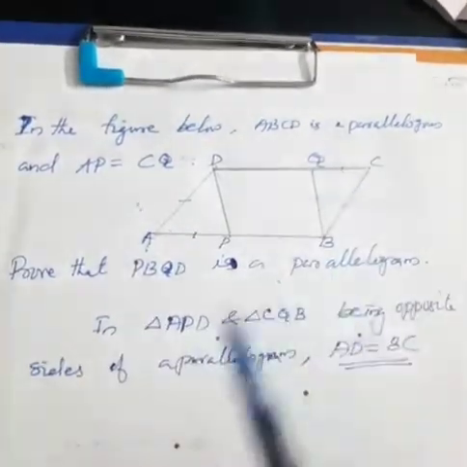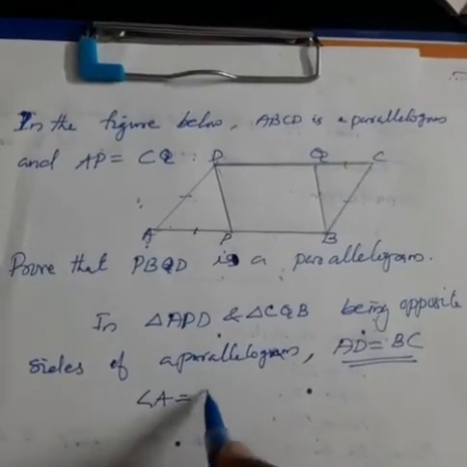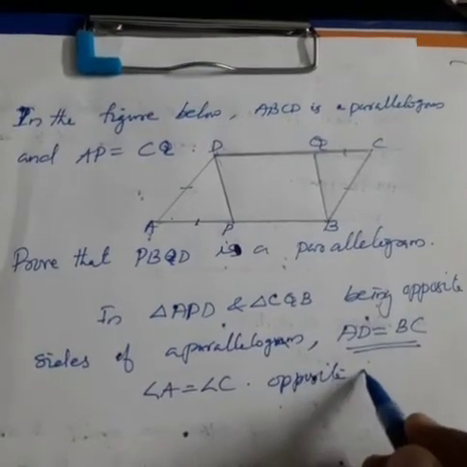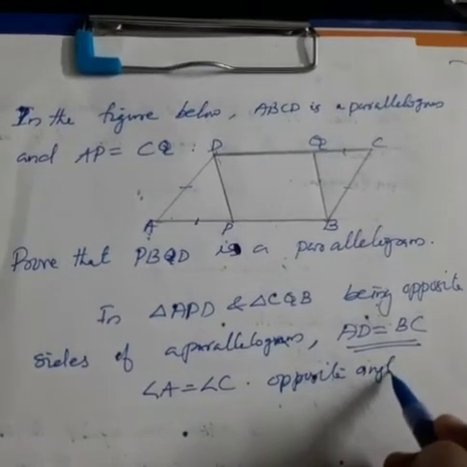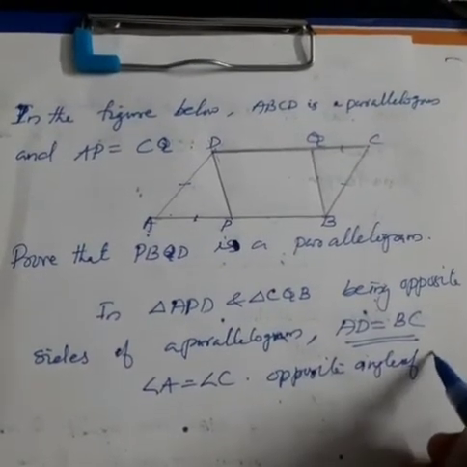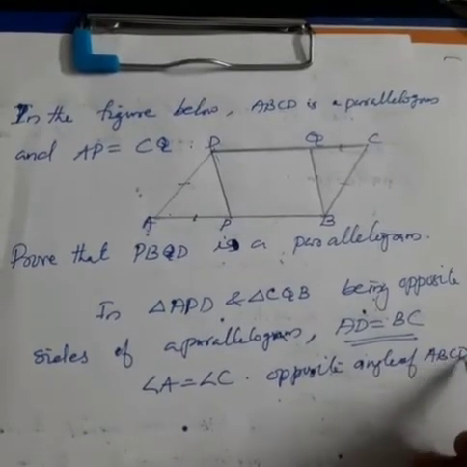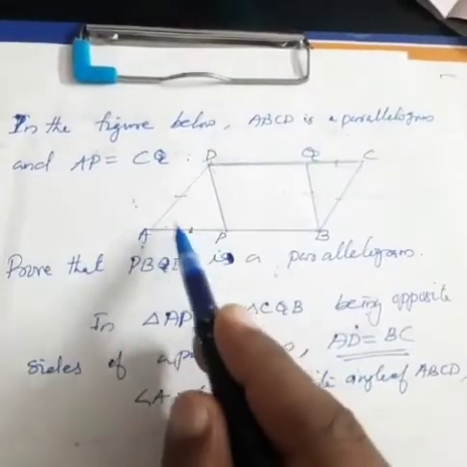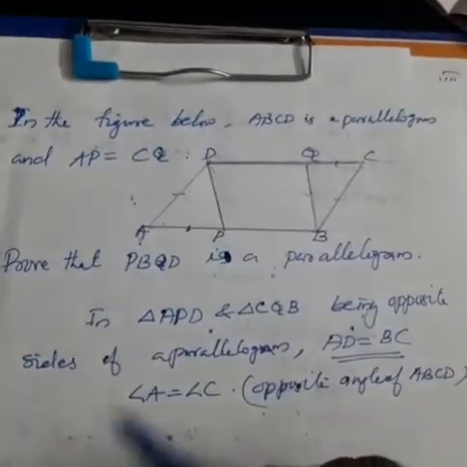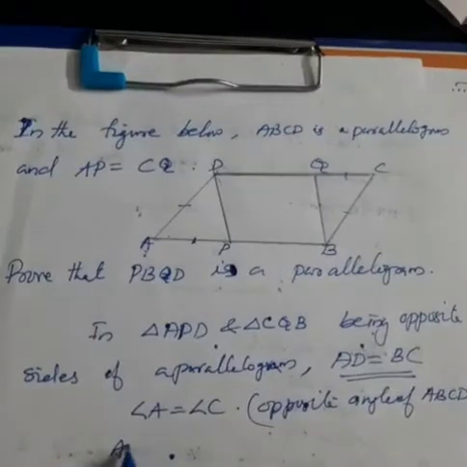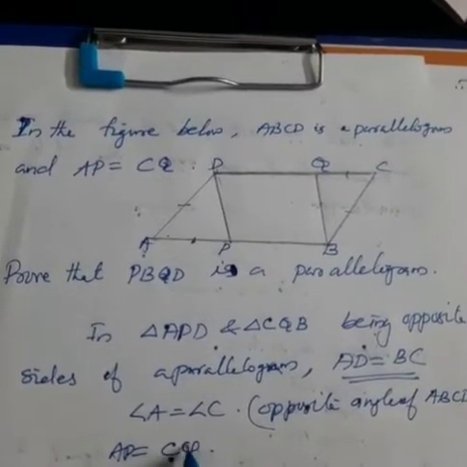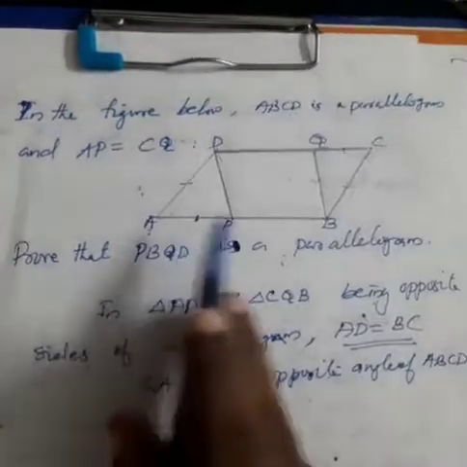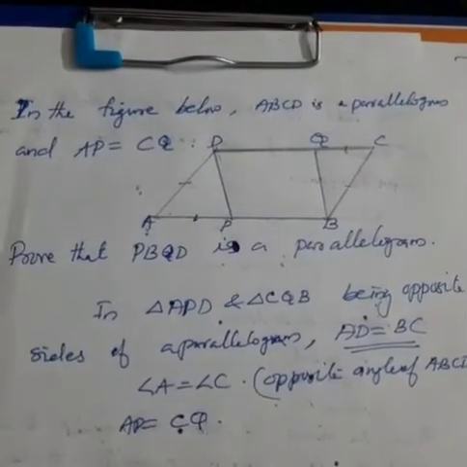Angle A and angle C are also equal. These are the opposite angles of parallelogram ABCD. So two sides and one angle is already given, and already is given AP is equal to CQ. So two sides and one angle are equal. Both the triangles are equal.